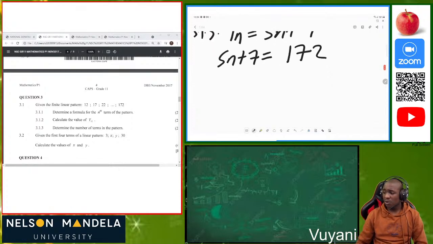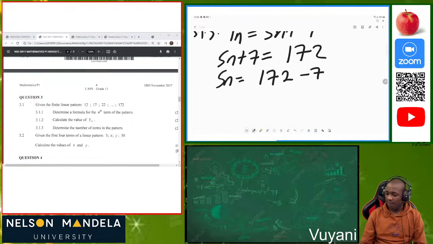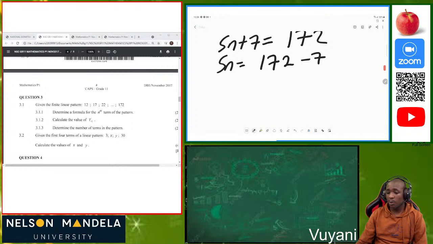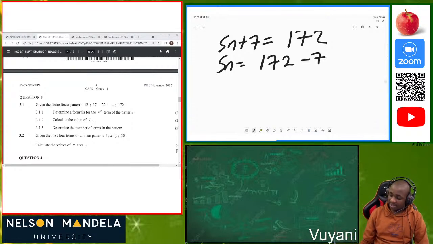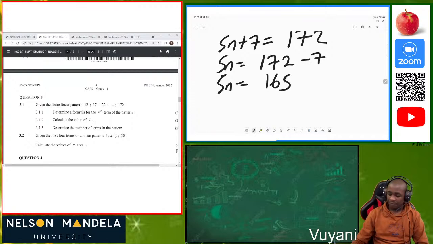Then we have to calculate the value of n. 5n will be equal to 172 minus 7, because when positive 7 is transposed to the right hand side, it will subtract since it is positive. Then we have 5n equal to 165.